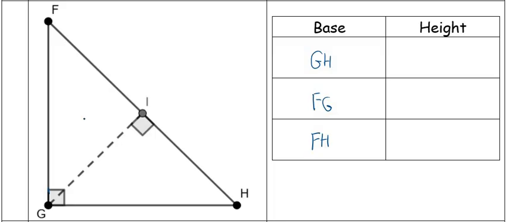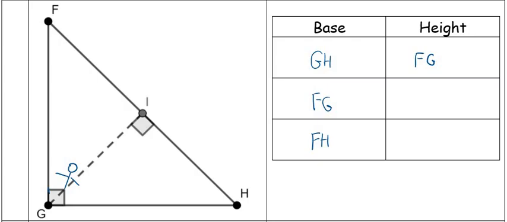For the perpendicular sign, you can draw a stickman, with one foot on the base, which is GH, and one foot on the height. Now FG is the height. Okay, so you can do it like that.